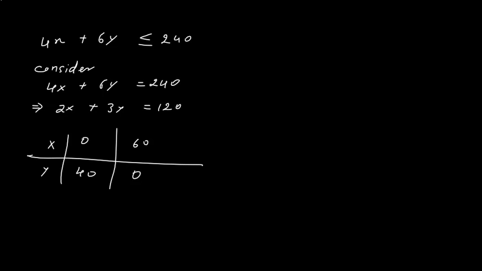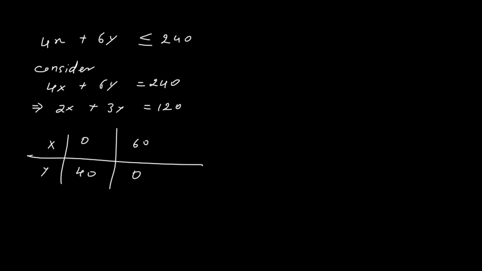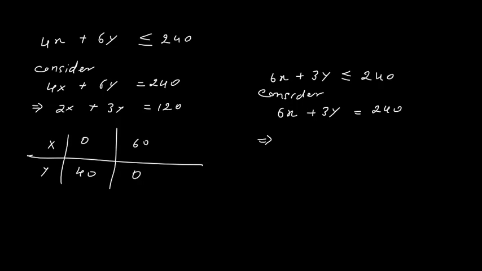Now here 4x plus 6y, and here 6x plus 3y less than or equal to 240. So here we consider 6x plus 3y equals 240.